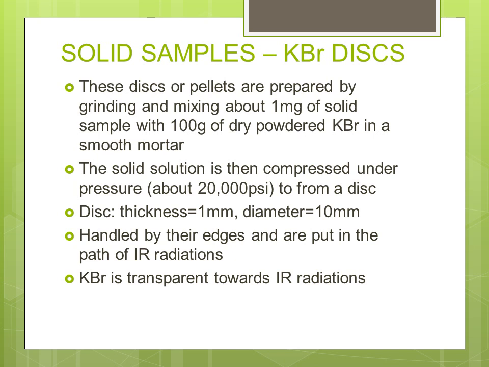Then this solid solution is compressed under high pressure of about 20,000 psi in a special type of die, and that converts it into a disc. And here is the dimension of the disc. The thickness is around 1 millimeter and the diameter is about 10 millimeter.